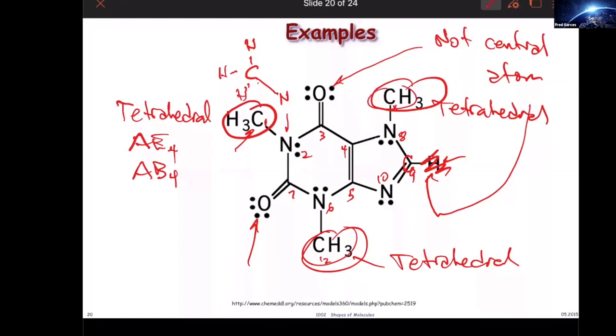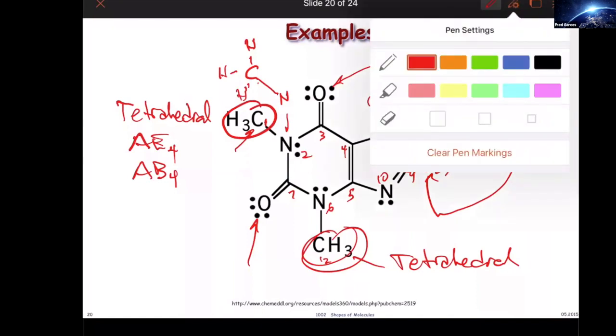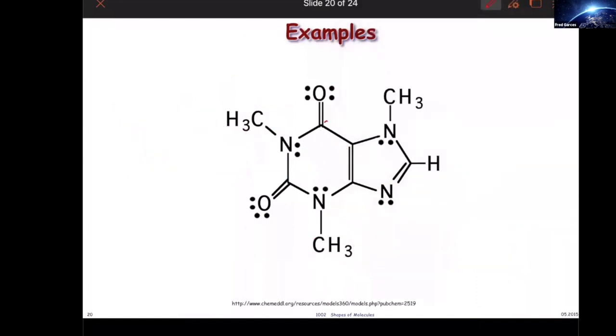Let me clear the slate again. How about this carbon right here? Look at it, it has 8, but it's got 3 regions of electron density. That's a trigonal geometry. It's AE3, but each of those regions of electron density has a bonded atom, so it's AB3, that's trigonal planar.